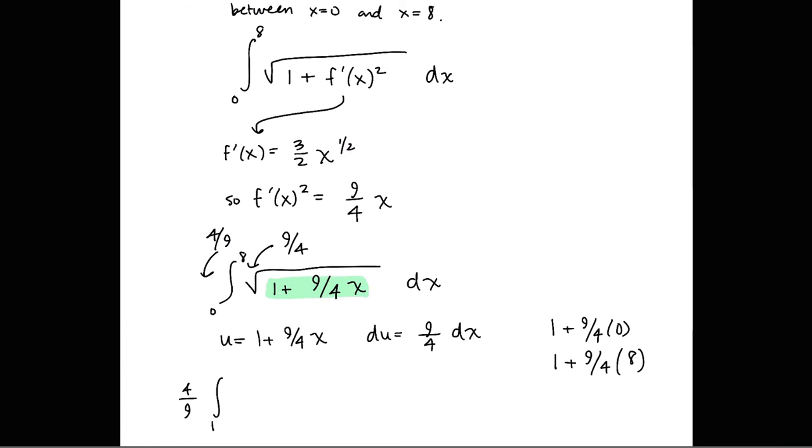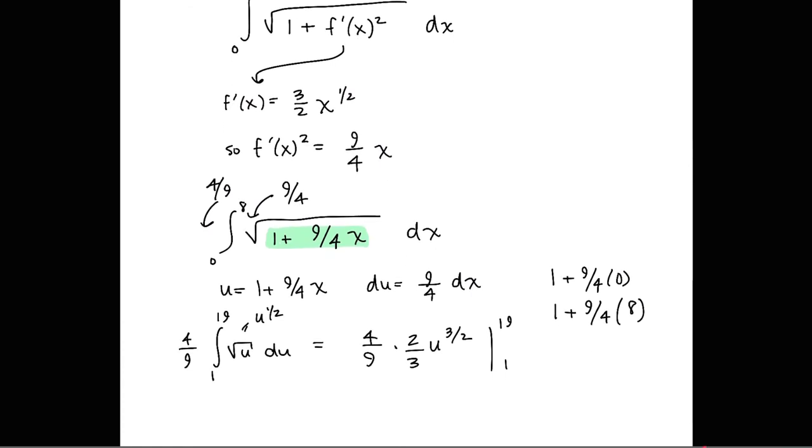Yeah, 8 over 4 is 2, so 19. And then square root of u du. So this is equal to 4/9 times u to the half. Using the power rule, we up the power by 1, we get u to the 3 halves, multiplying by a 2/3 out front, and evaluating from 1 to 19.